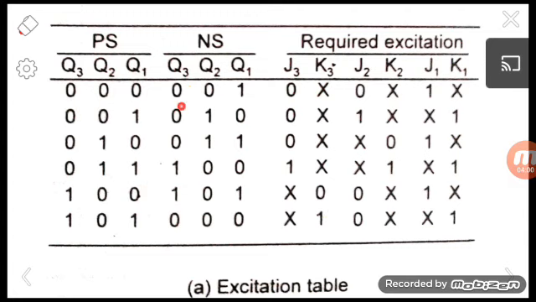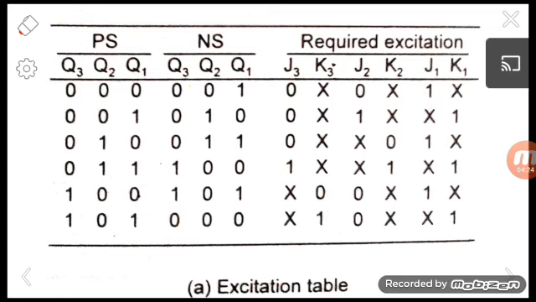From the excitation table of the JK flip-flop, for the condition 0 to 0 it is 0x, again 0x, again 1 to 1, which means 1x, then x0, 1 to 0 is x1, and like that we can write all of J2 K2 J1 K1.